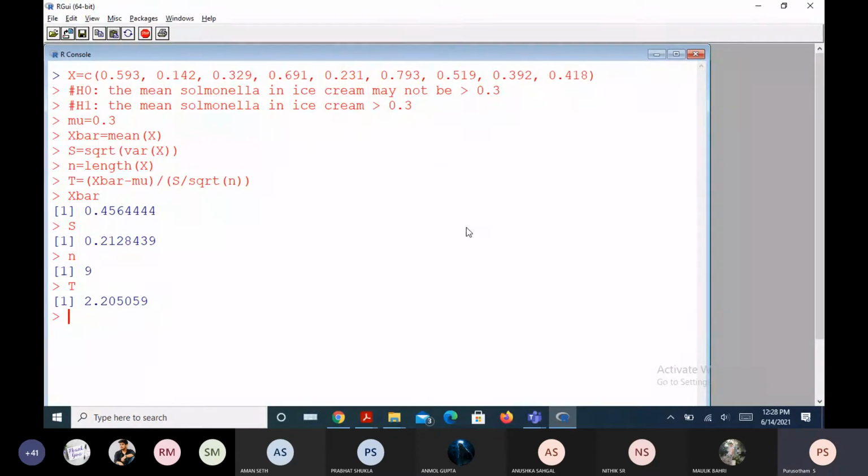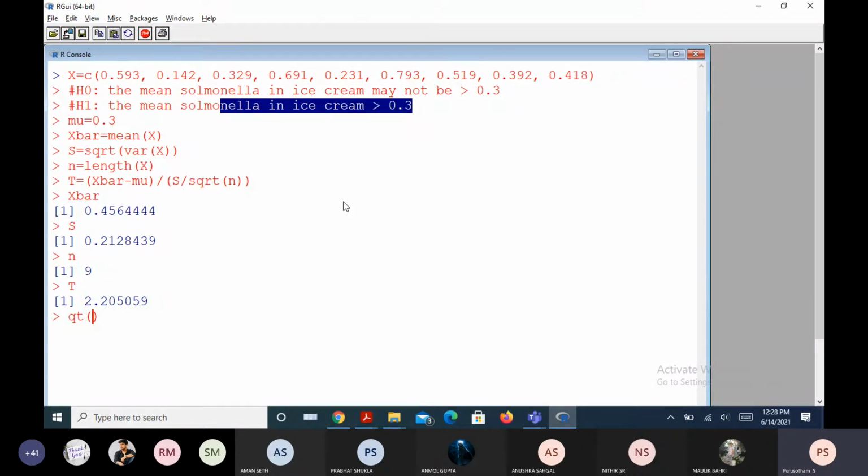So now we need a critical value, which we normally look up in the tables. The table value we can get using qt, as it is a one-tailed or two-tailed alternative hypothesis. So Salmonella is greater than 0.3.